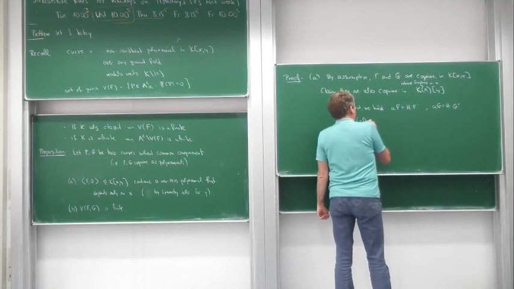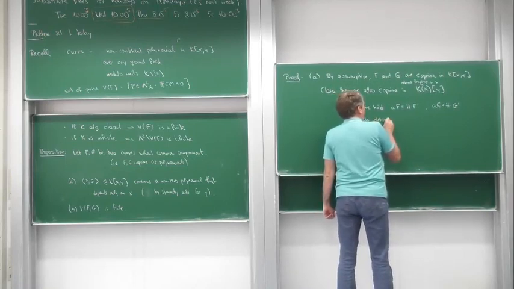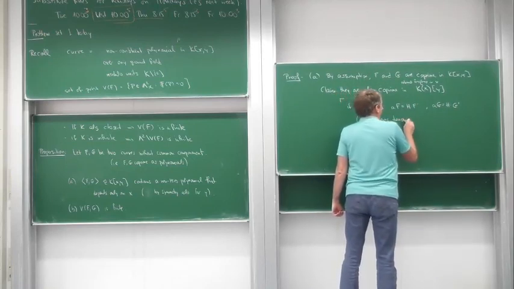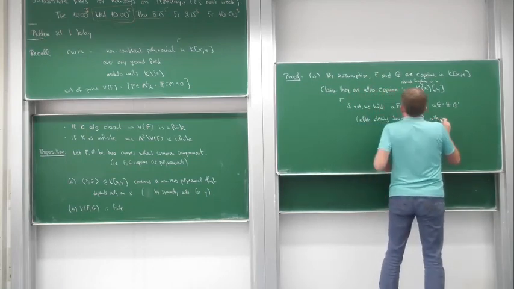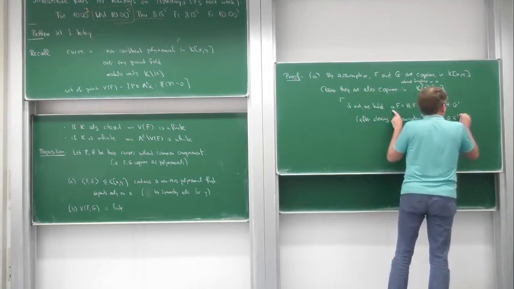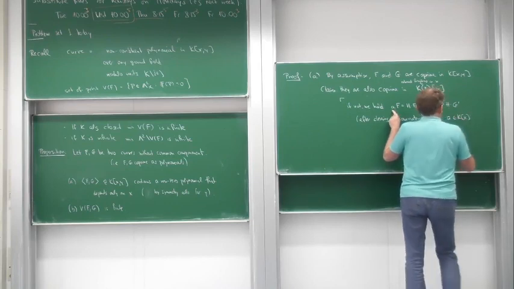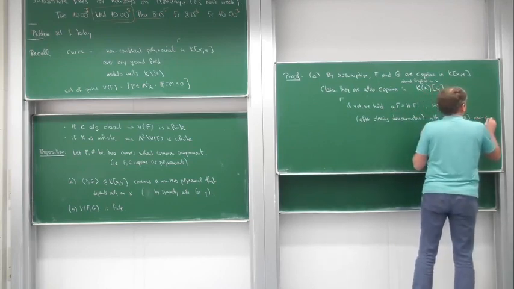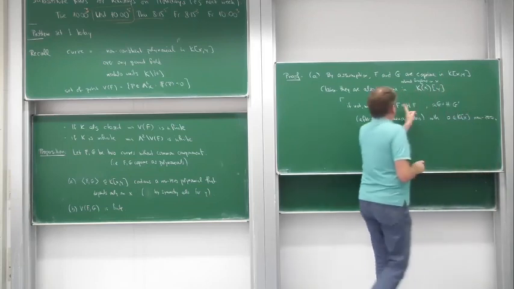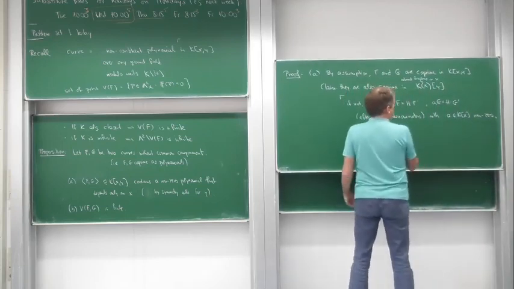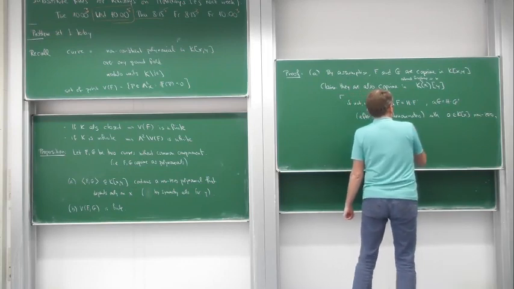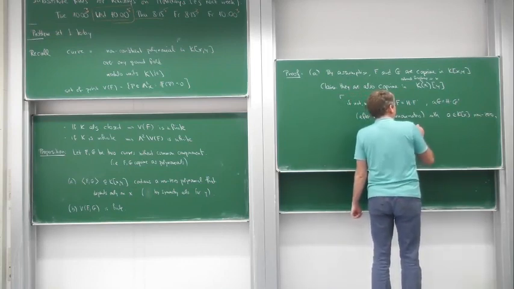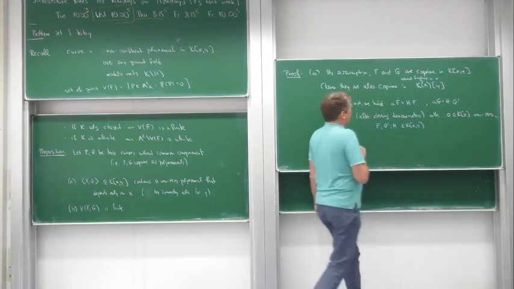So this would be after clearing denominators, where a depends only on x, and clearly it's non-zero. And f prime, g prime, and h are polynomials, so they could be anything in k[x,y].